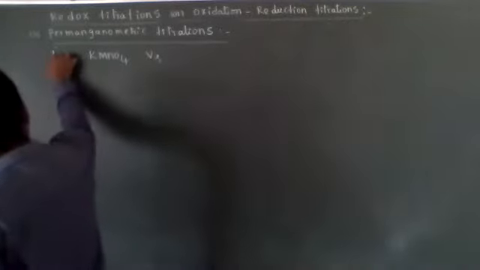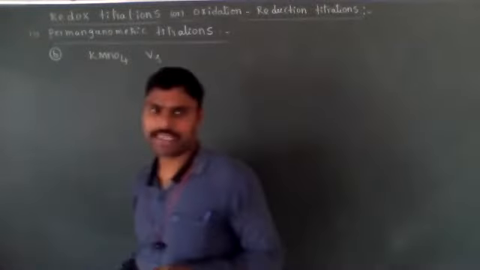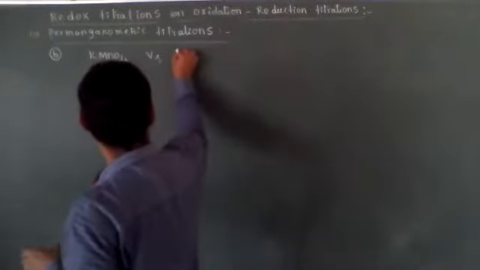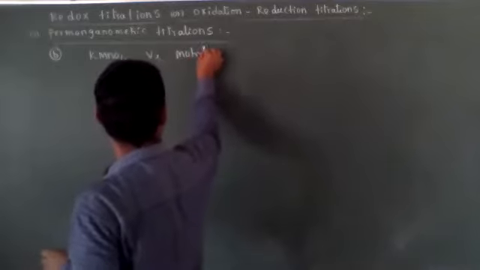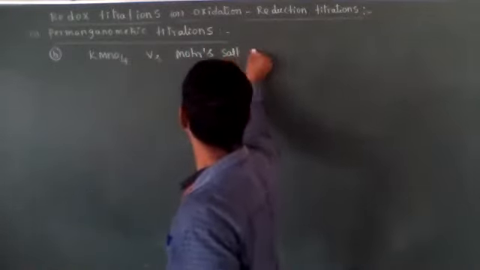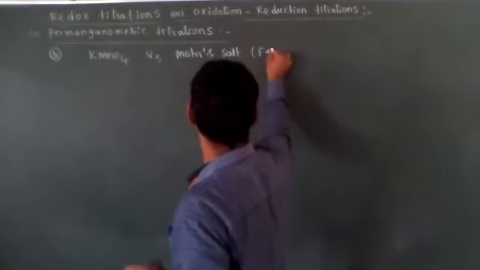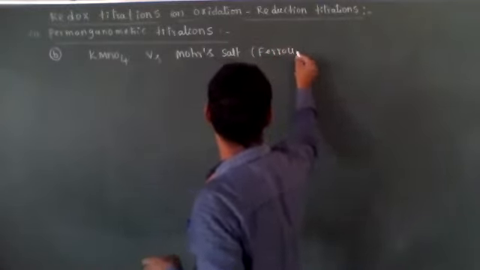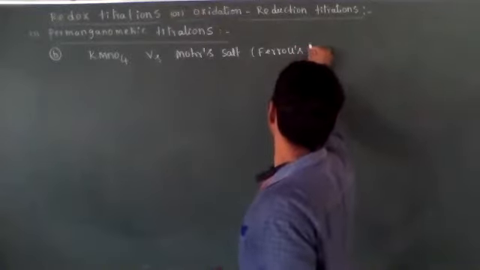The second one is KMnO4 versus Morse salt. This Morse salt is also known as ferrous ammonium sulfate.